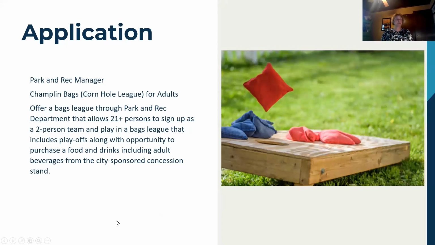All right. So here's our application situation. You are a park and rec manager, and you've decided for the city of Champlin, which is where I happen to live, and you've decided to add a bags or cornhole league, depending on what you call it, for adults.